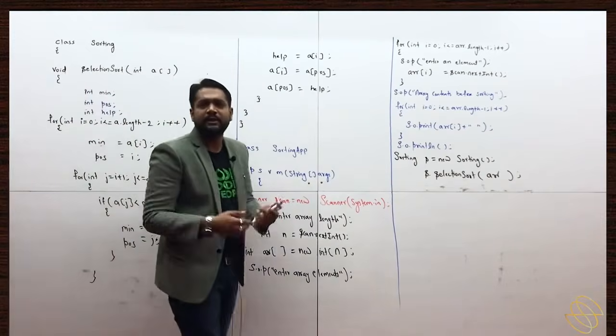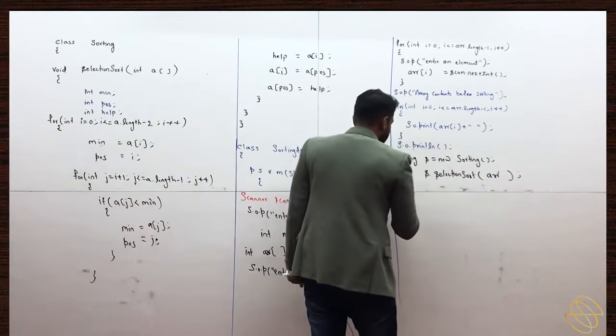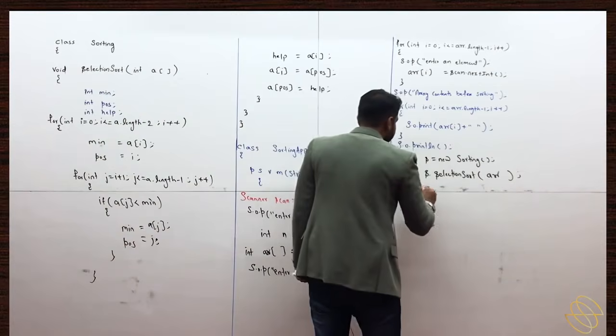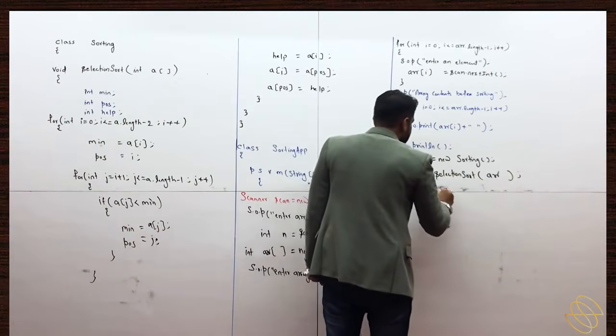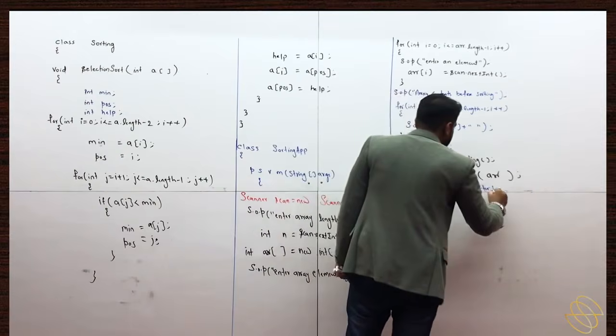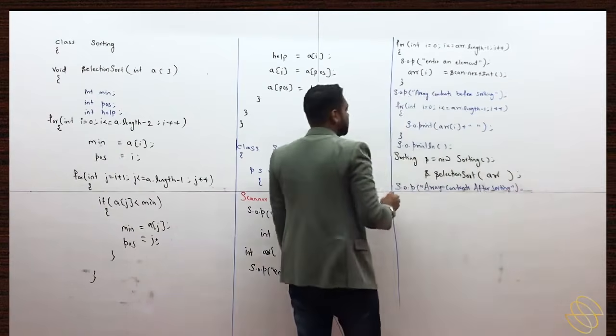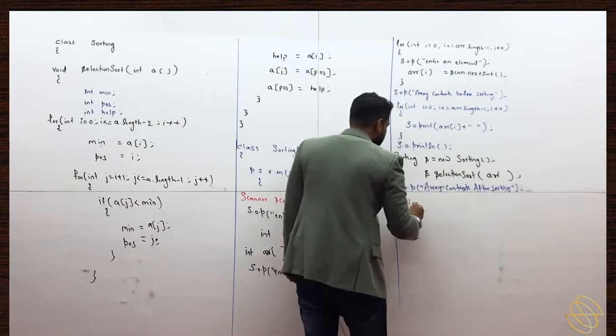After sorting I have to print it. Okay sir, how to print? Like this. Watch it. System.out.println array contents after sorting. After sorting, how will it look? Like this it will look.